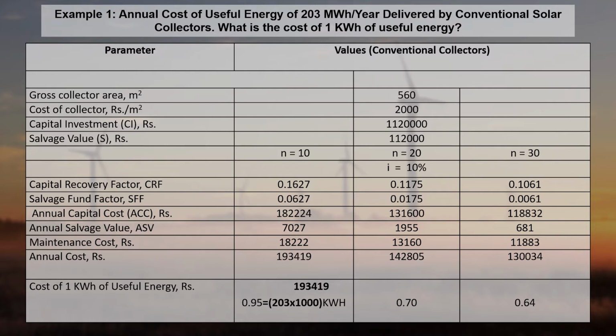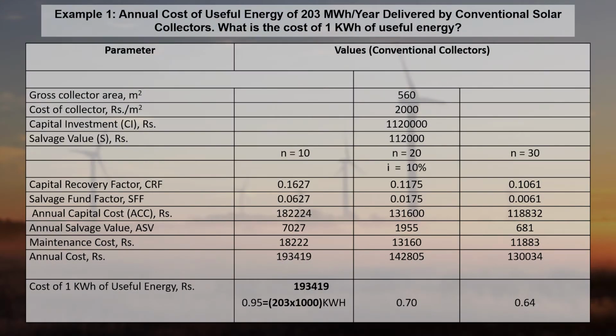It is the summation of annual capital cost plus maintenance cost minus annual salvage value. And the result comes out as 193419 for n equal to 10 years. The similar calculation will be done for n equal to 20 years and n equal to 30 years.